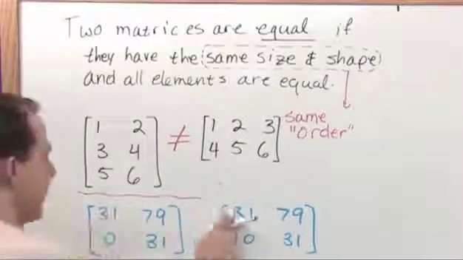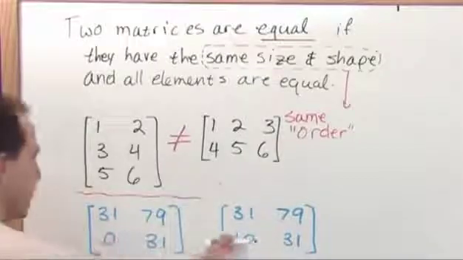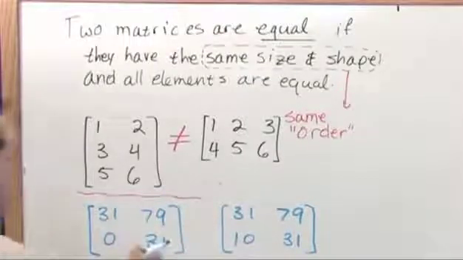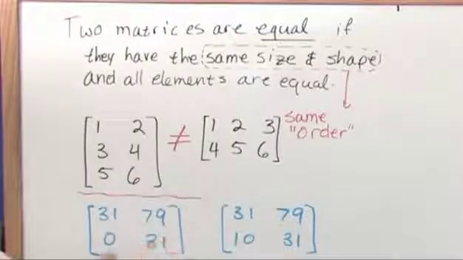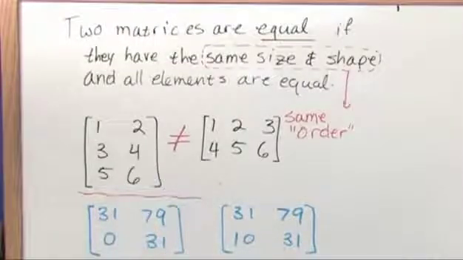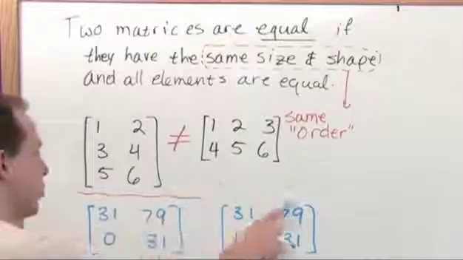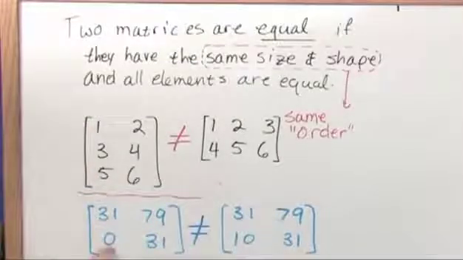Well, 31 matches, 79 matches, 0 does not match the corresponding element, and 31 does match. And notice in this case that both of these are 2 by 2 matrices, 2 rows, 2 columns. So they both have the same order, and they both have the majority of the elements the same, but they are not equal. And the reason they're not equal is precisely because the 0 does not equal the 10.